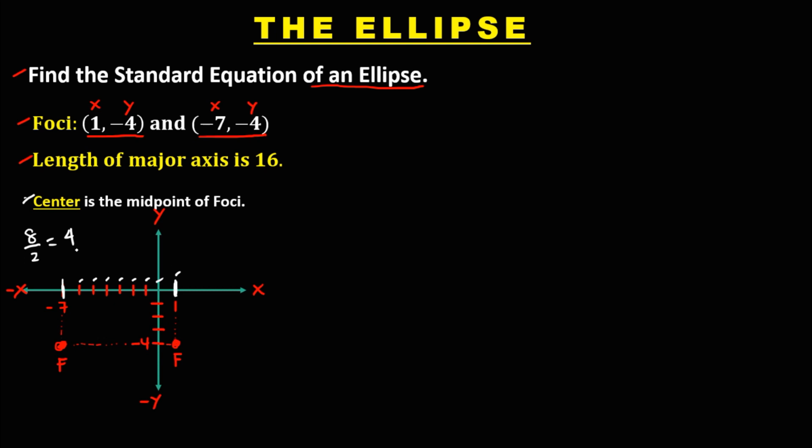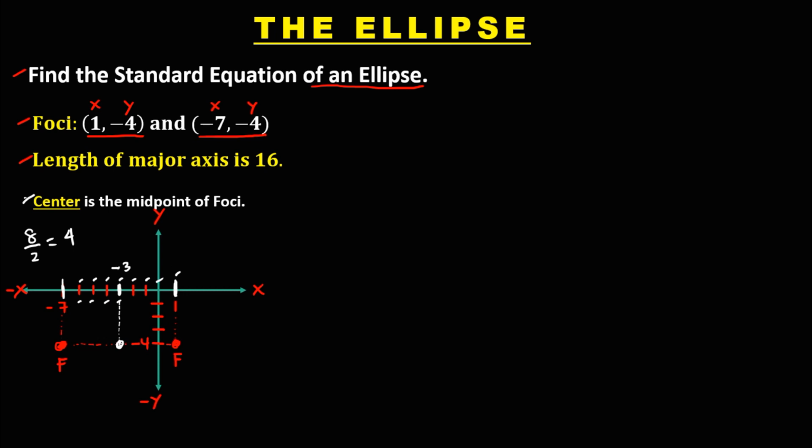Then we need to count 4. And again, in counting, you start counting on the next point. So from this point, we have 1, 2, 3, 4. And this is now the point. This is negative 3. Then you connect to the foci.